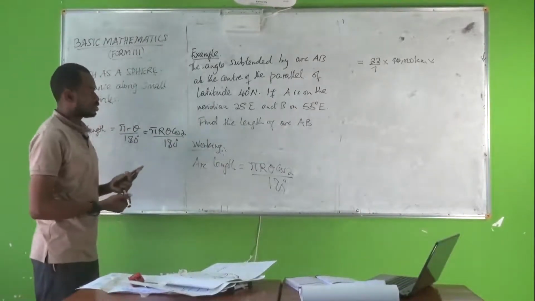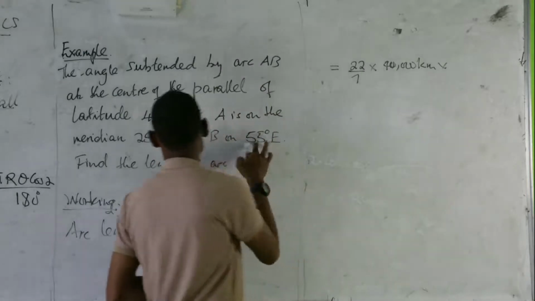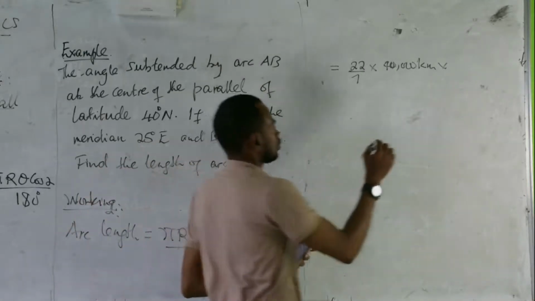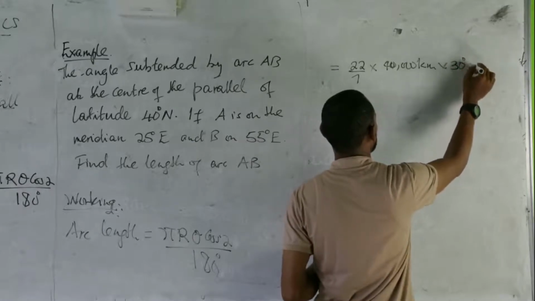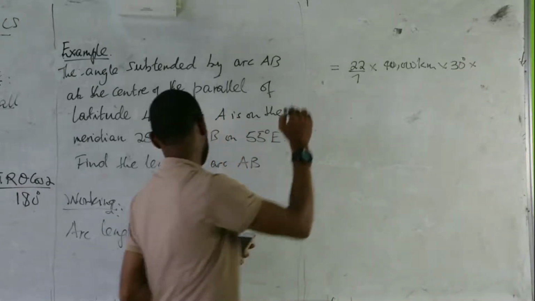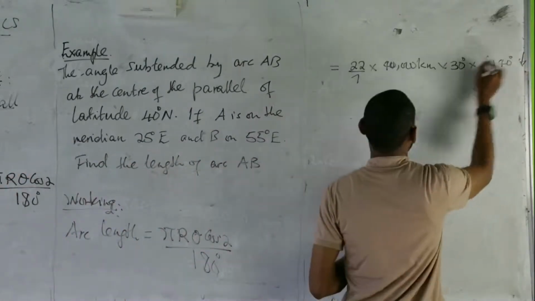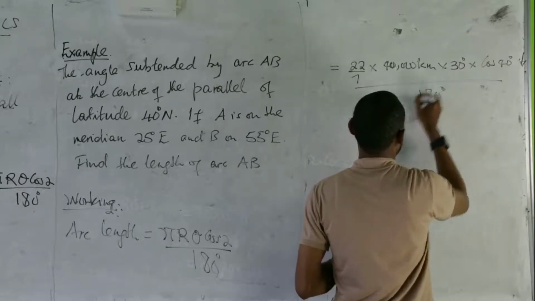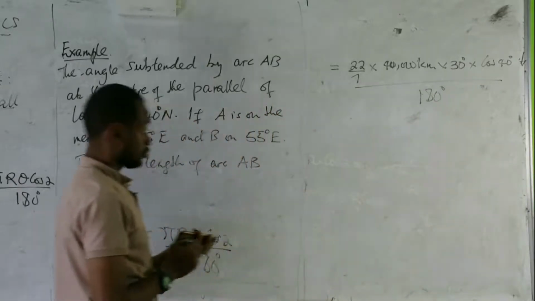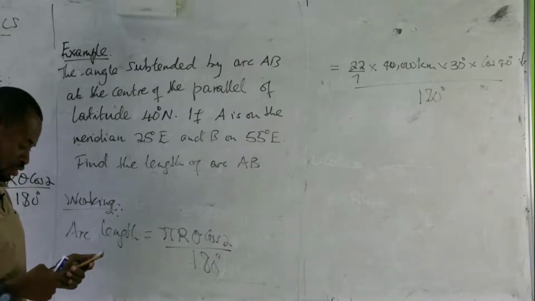Then we subtract, so it will be 55 minus 25, which is 30. Then times cos of 40, whole thing divided by 180 degrees.